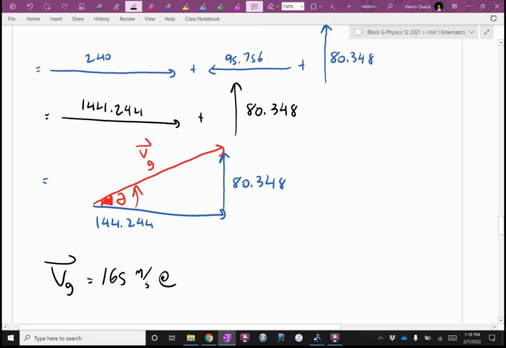how many degrees? Opposite, adjacent: tan theta equals opposite over adjacent.